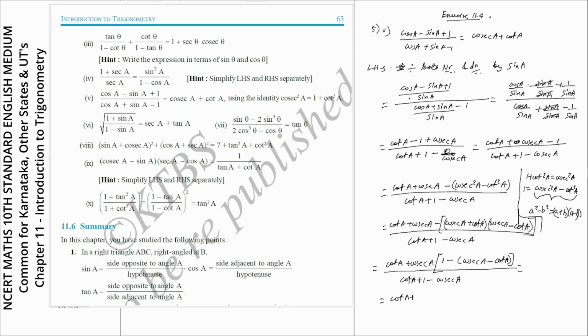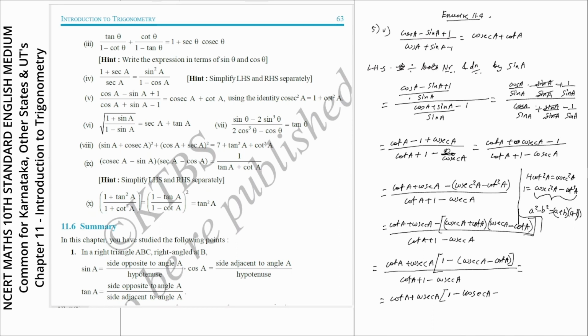So cot a plus cosecant a into, when I open the small bracket, I'll get 1 minus cosecant a.